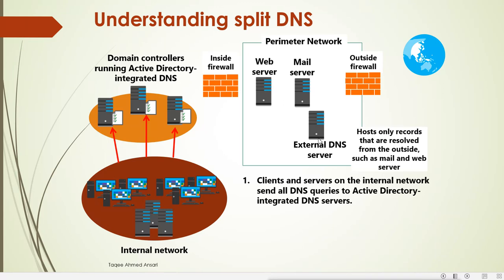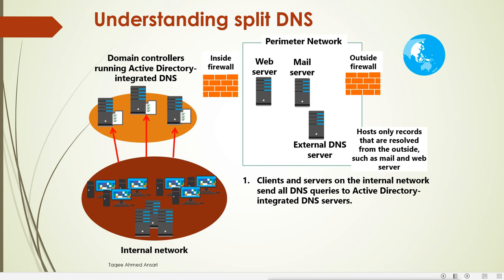Now if someone is asking for the internal network, like we have allowed someone to access our internal resources from the internet through the firewall, and they try to access the internal network from this DNS server, first the query will go to the external DNS server. From here we can create forwarders or a stub zone, or we can put a record here for the internal servers, so that it will forward the query to the internal DNS server.